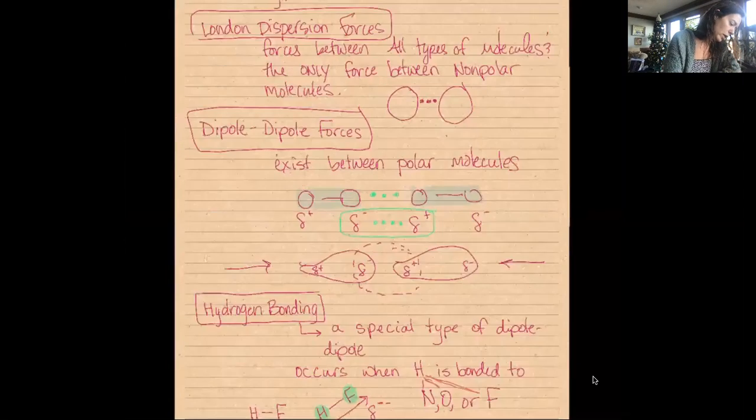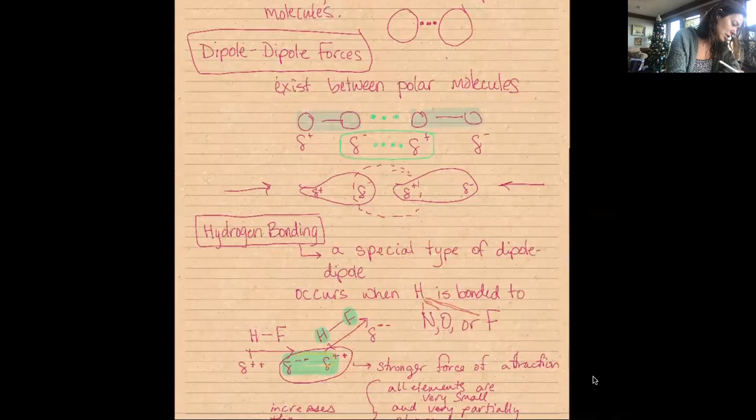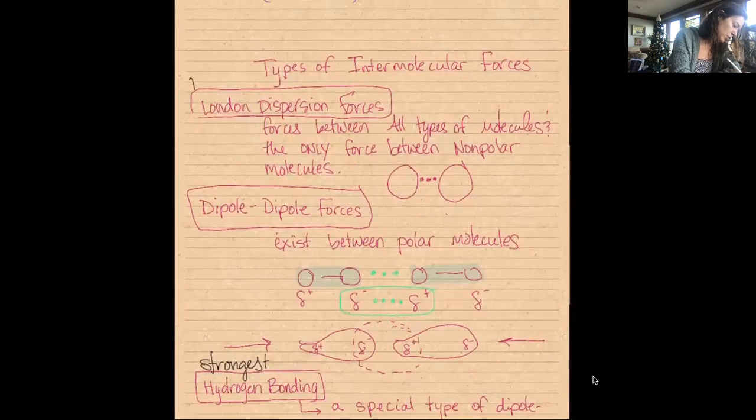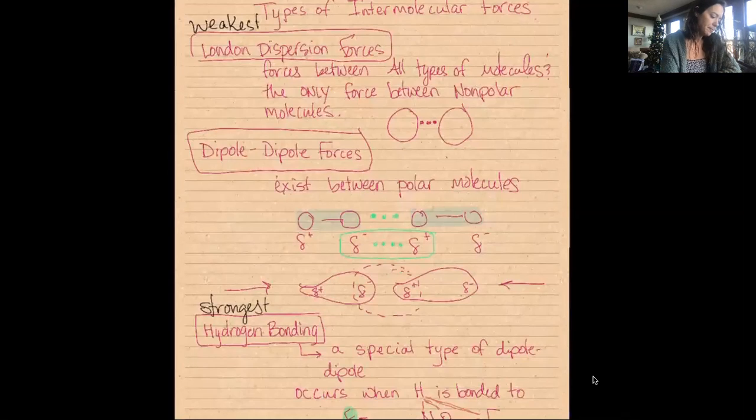So what we see is this is the, sorry, let me get a different color. This is the strongest of the intermolecular forces. This is the weakest of the intermolecular forces. And then this one is in the middle, okay?